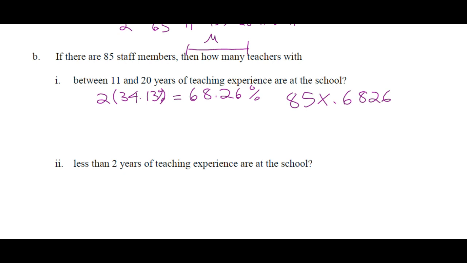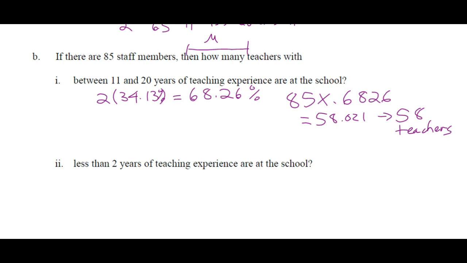I don't multiply by 68.26%, I multiply by the decimal, which is 0.6826. So 85 times 0.6826 is 58.021, or 58 teachers. If we're talking things that only come in whole numbers, then we need to round. So about 58 teachers.